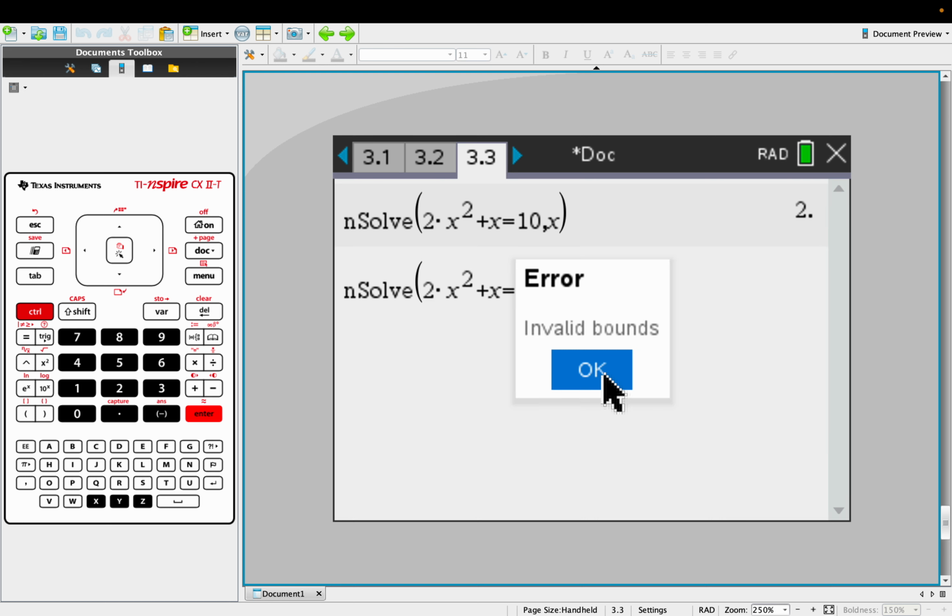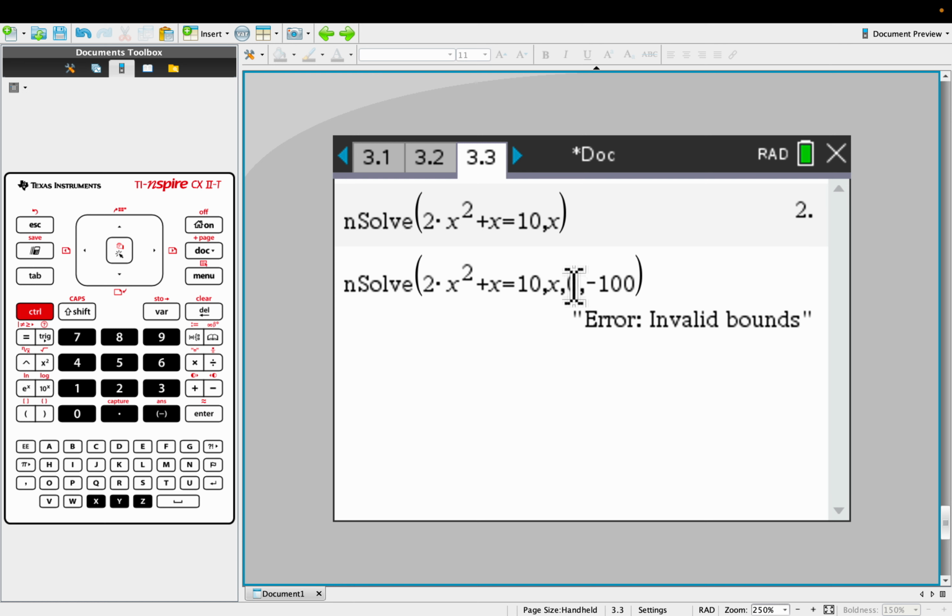Invalid bounds, right? So now, instead of 0 down to negative 100, we have to have it negative 100 up to 0, right? So from left to right, smallest to biggest, boom. So you can tell nsolve to search somewhere along the x-axis for the solutions. So that's a top tip. But that's a bit of a pain, isn't it?